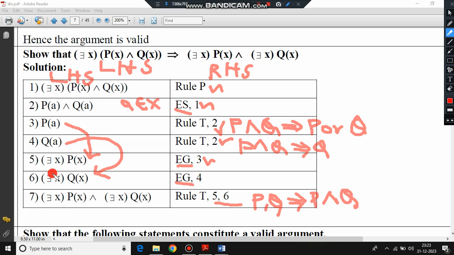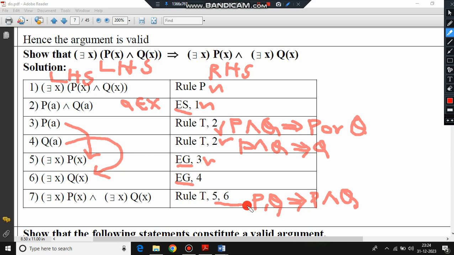So here there exists p of x, one predicate formula, there exists q of x, another predicate formula. From 5 and 6 we can make this conclusion. The conclusion comes from this tautological rule.